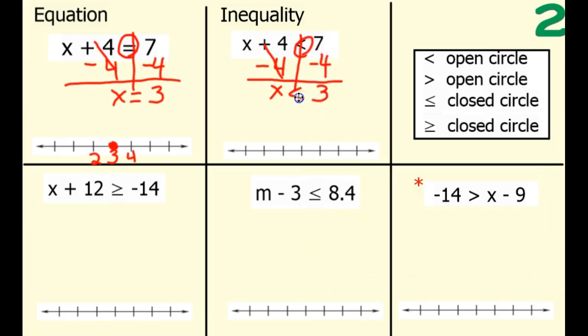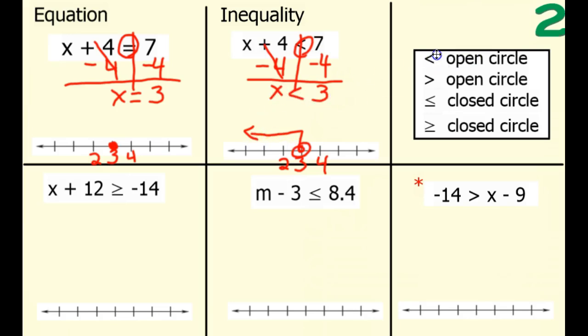Now it's less than, so when we graph this, we need to put an open circle because it's less than, and it's pointing to the left. So we have 3, 4, and 2. So anything that is less than 3 would answer our problem here.